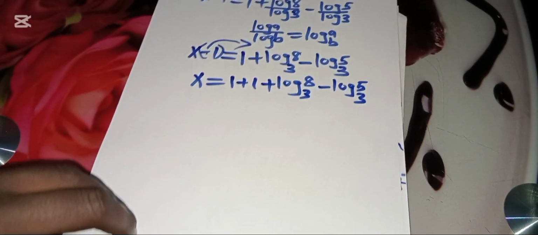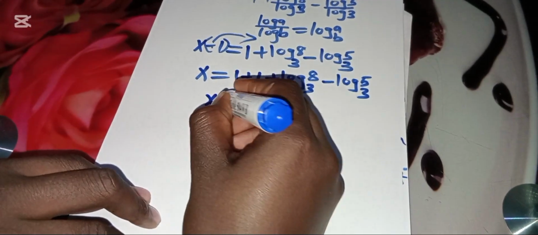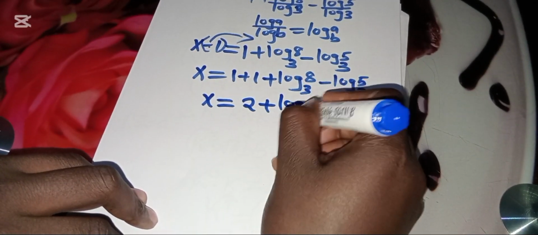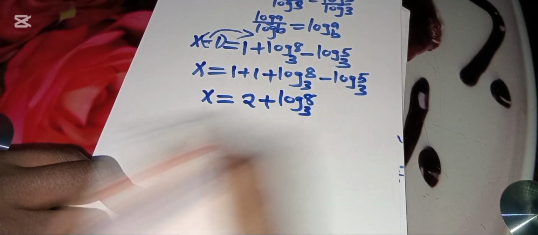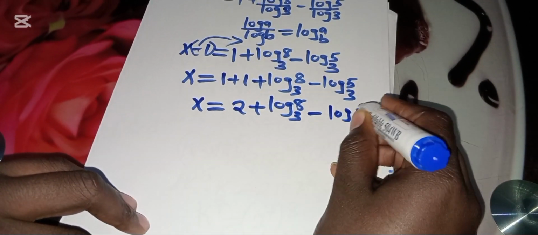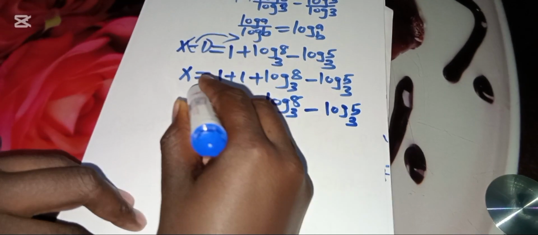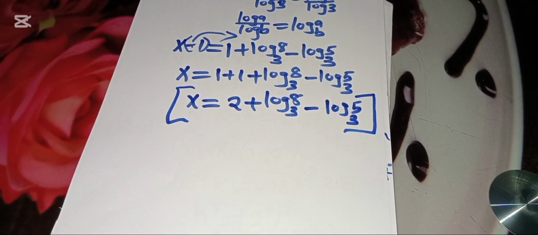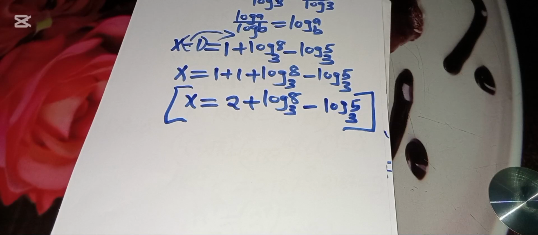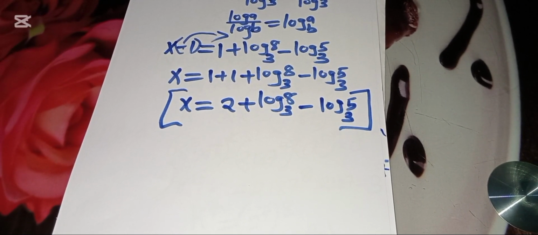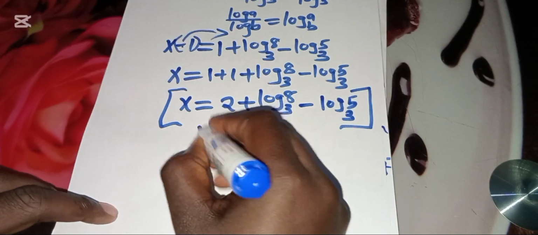Now that means that x is equal to 2 plus log 8 to base 3, subtract log 5 to base 3. That's the value of x. So let's verify if this value of x satisfies the equation.